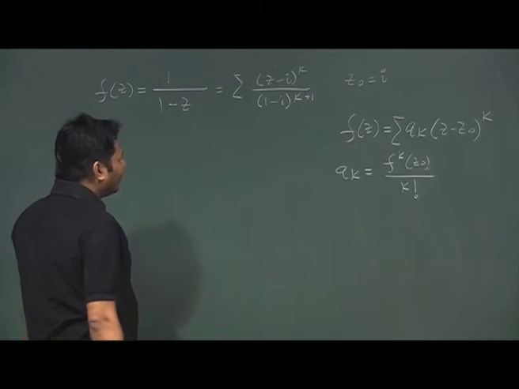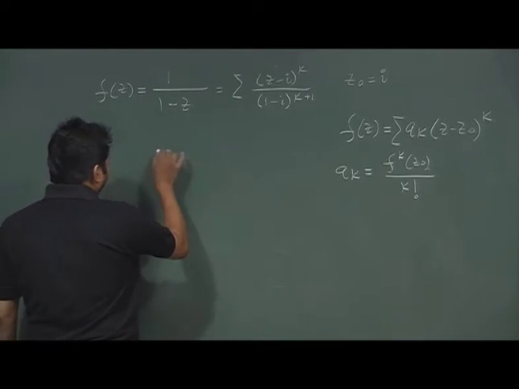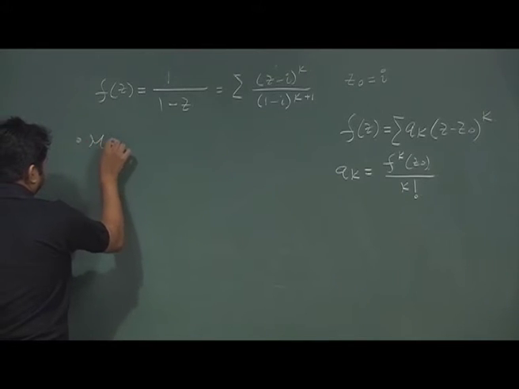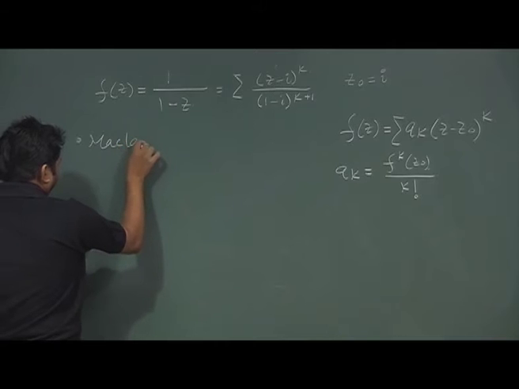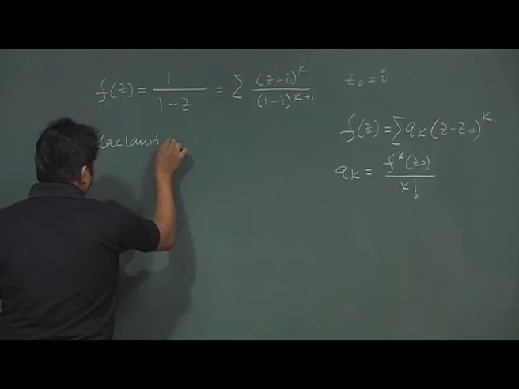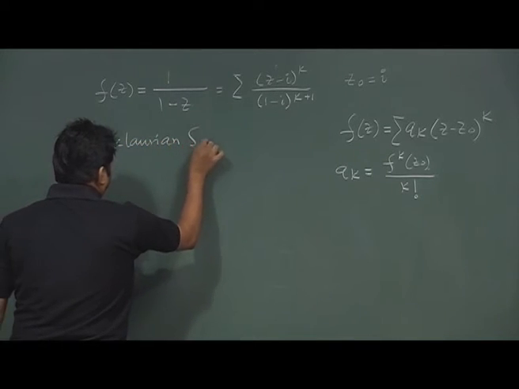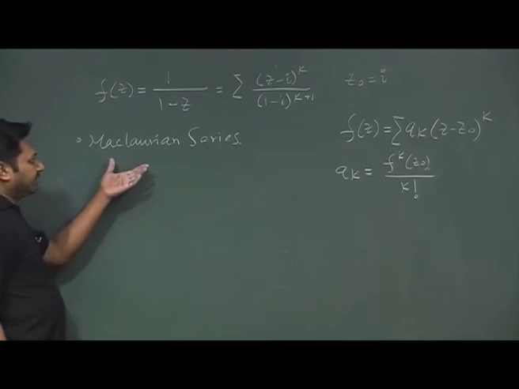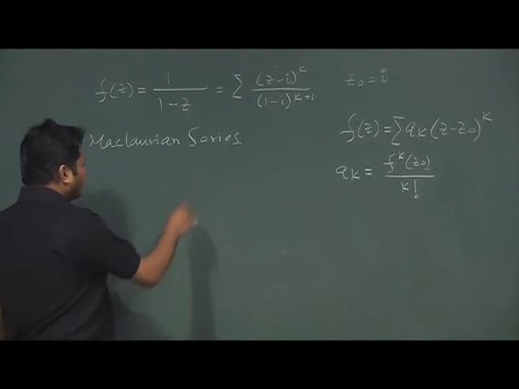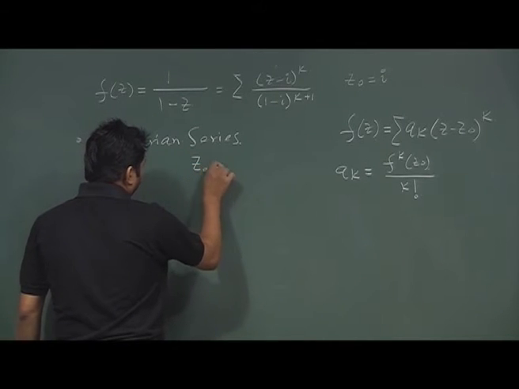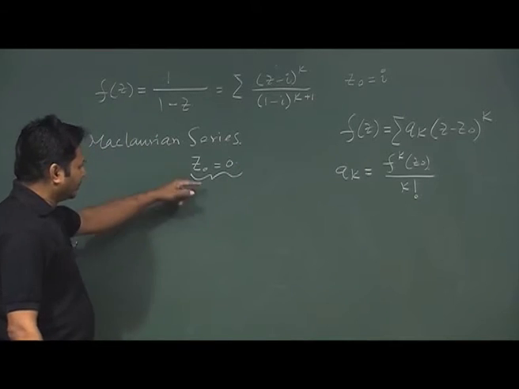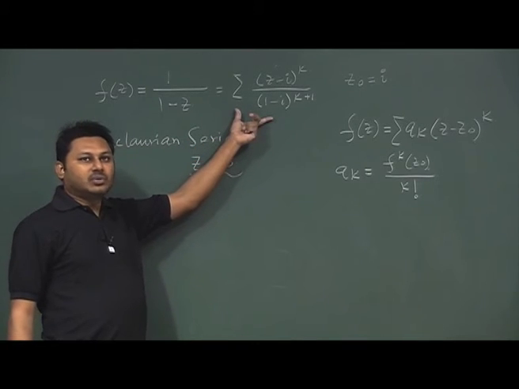At that point I also need to show you one thing that I just mentioned last class, that is the Maclaurin series. The Maclaurin series is a special form of the Taylor series when z0 is equal to 0. That is the condition I need to put. So, here what should be the Maclaurin series?